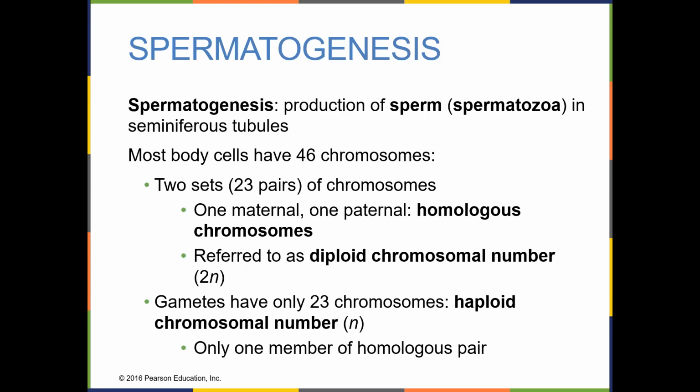There are 23 pairs of chromosomes in every somatic cell: 23 chromosomes from our mother, 23 chromosomes from our father. That gives us 46 chromosomes. That's a diploid set. The gametes only have 23 chromosomes. They're haploid. They only get half of the pair.